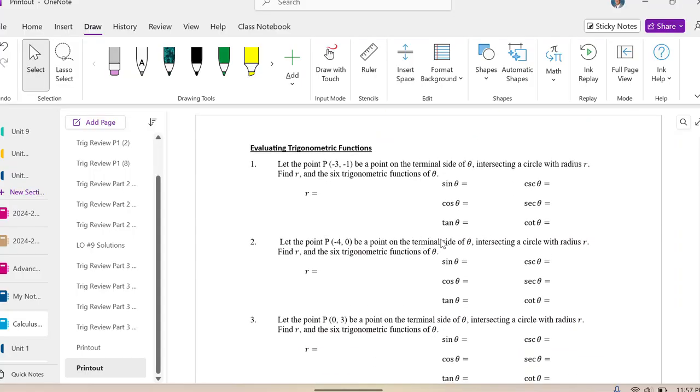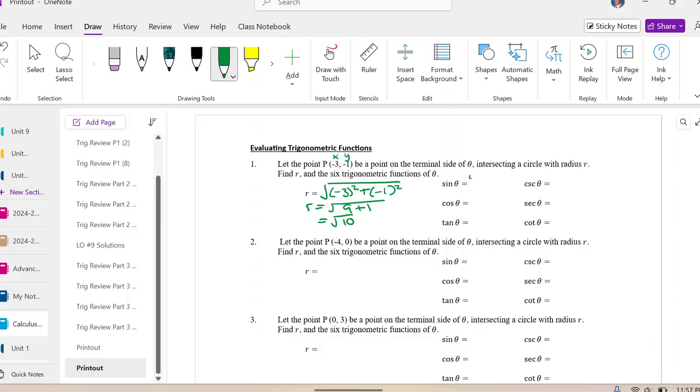So then, looking here, if it gives us a point on the terminal side, -3, -1, to find the radius, we take the square root of x squared plus y squared. So it's going to be 9 plus 1, so the square root of 10. And then this is our x and y.